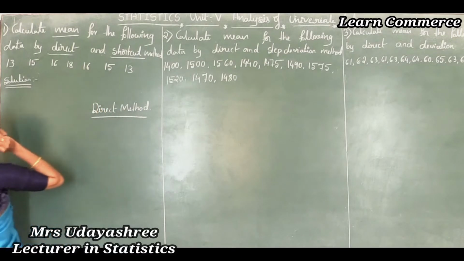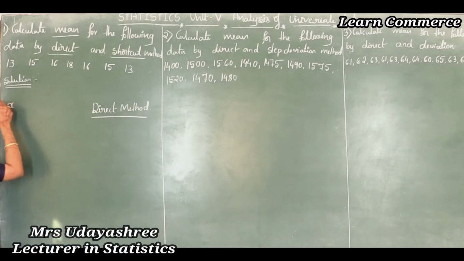So here the given information is X observations. X observations are 13, 15, 16, 18, 16, 15 and 13. Since only X observations are given, it is ungrouped data.